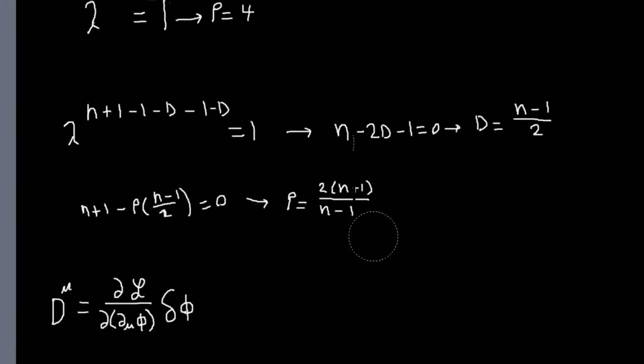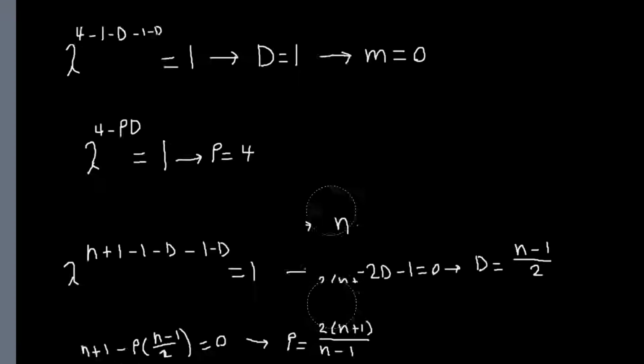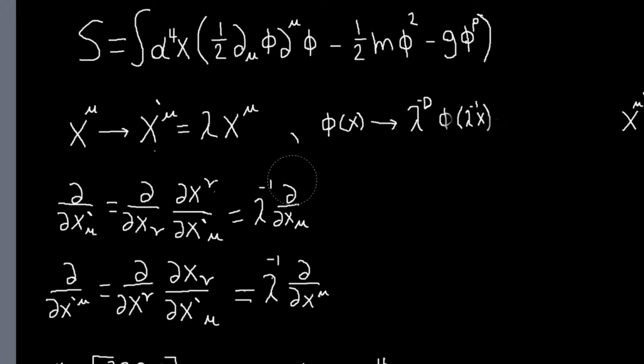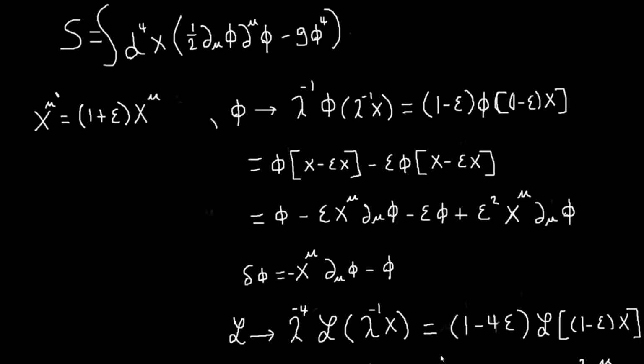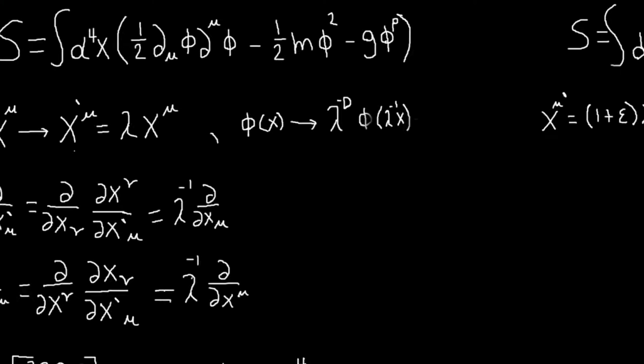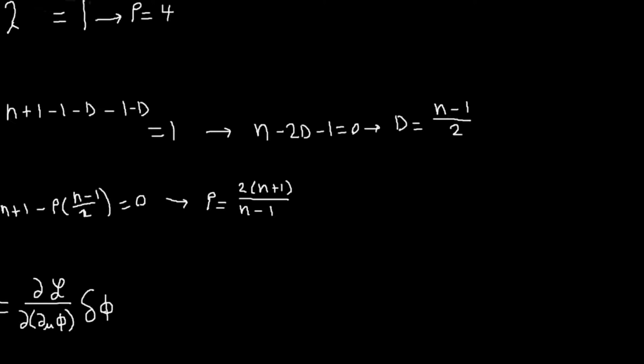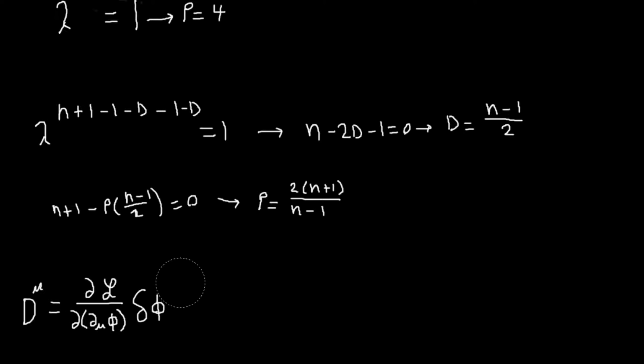Then it asks us to find the conserved current corresponding to this transformation. So it'll be basically this looking thing, only I've forgotten to write minus F mu.